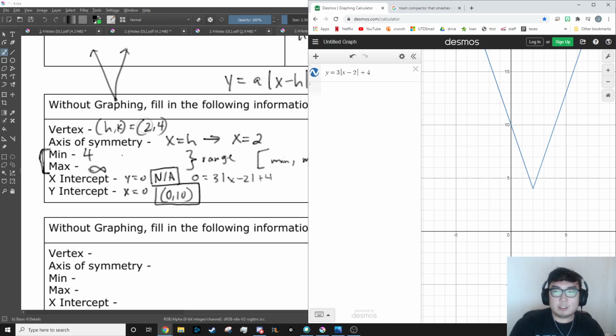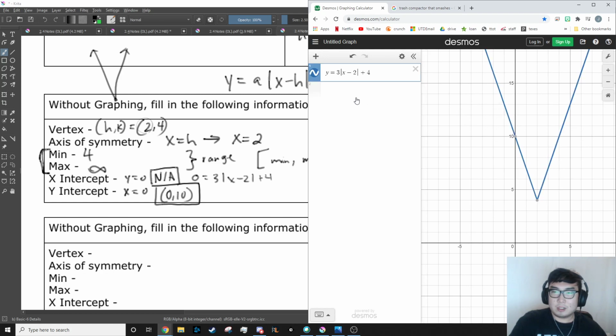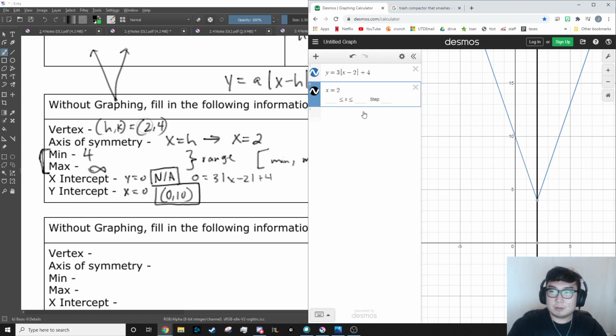My lowest point was 4 on my graph, which is here. Nice, 2, 4. My maximum we can't calculate. The axis of symmetry is through my vertex, which is x equals 2. So if I write x equals 2, you see how this black line cuts this graph in half? That is my line of symmetry. And then my vertex is right here, 2, 4. Nice.